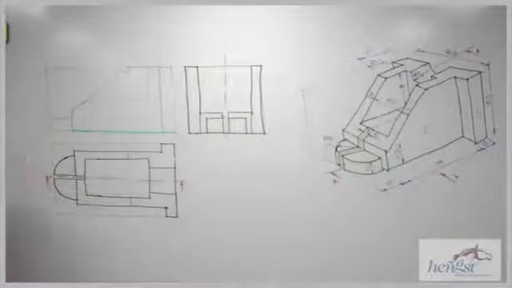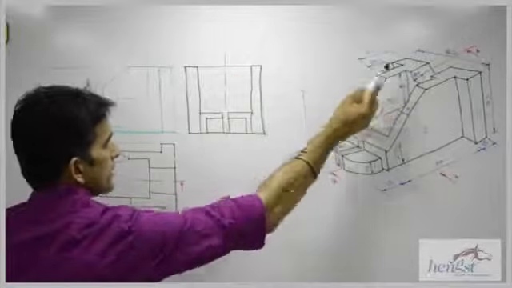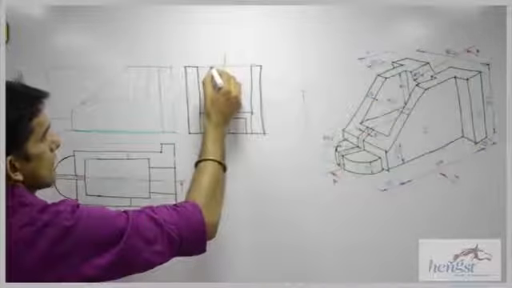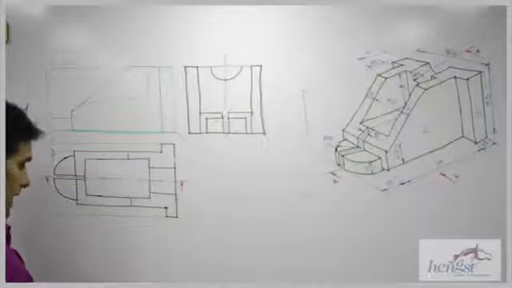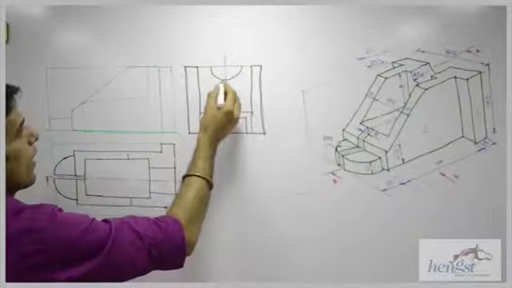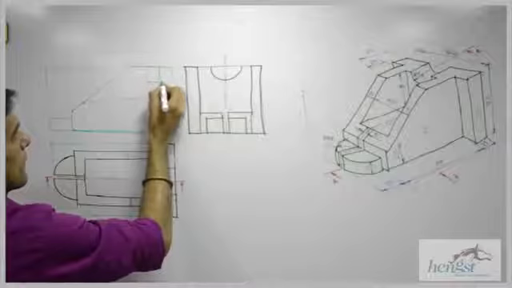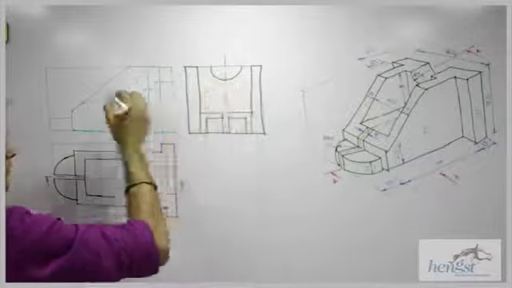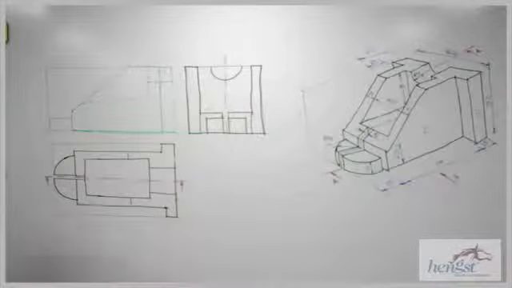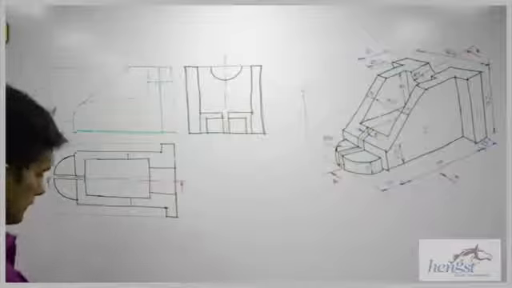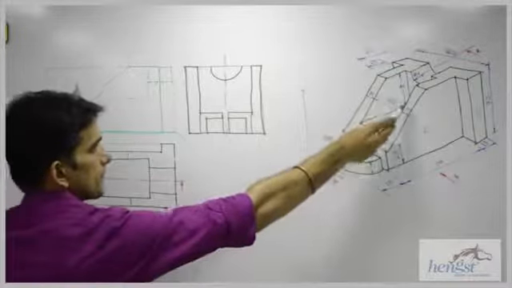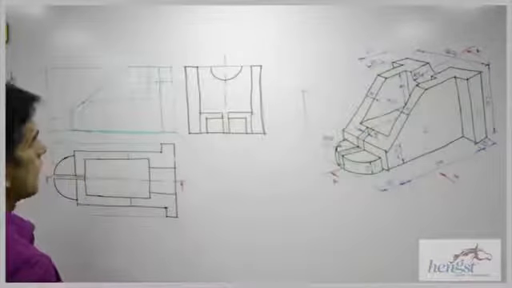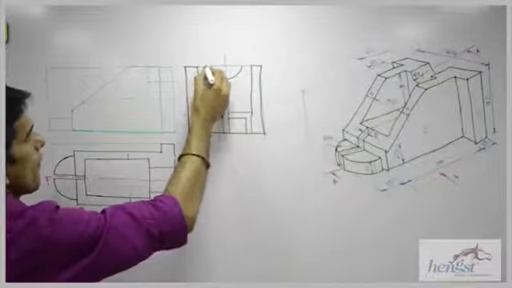Right? Then we have a circle. See this radius 15. So that we can draw. And because of that, we can draw this dotted line, which we can project from here, right? After that, we need to project this part, this part, 10, 10, that we need to project.